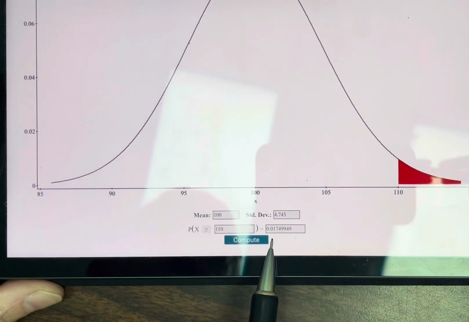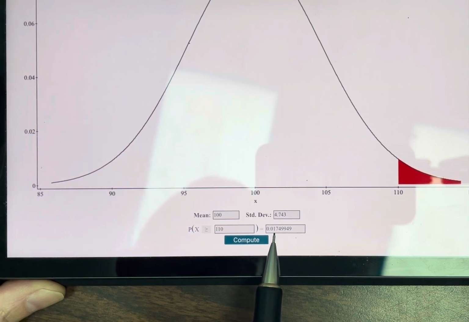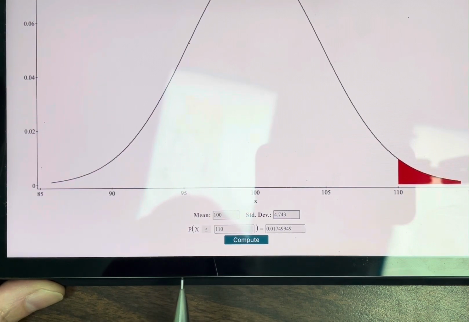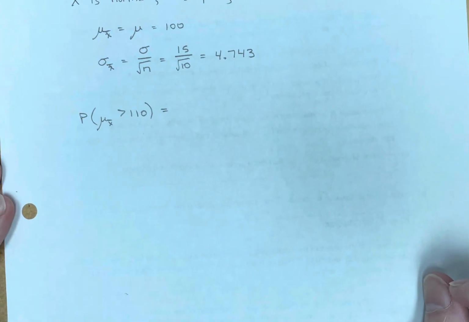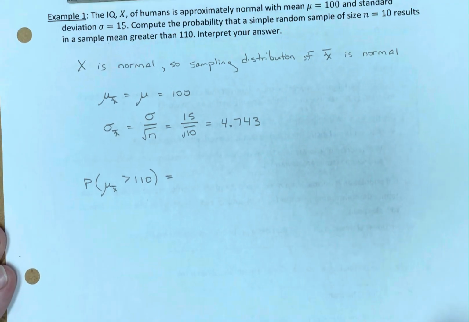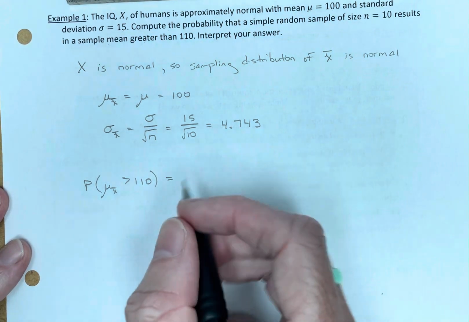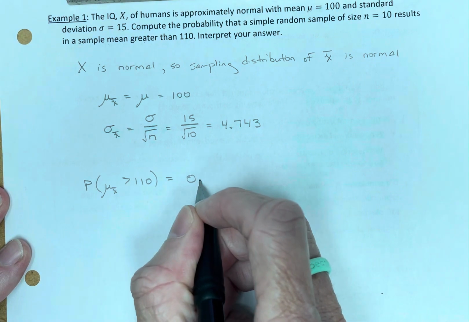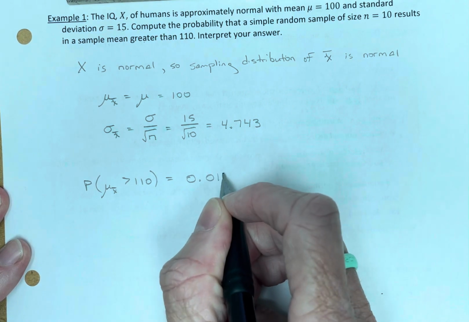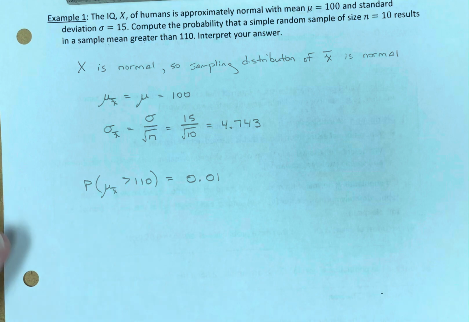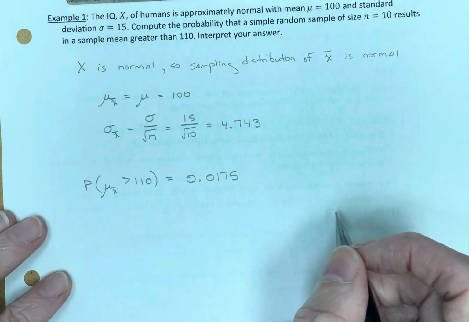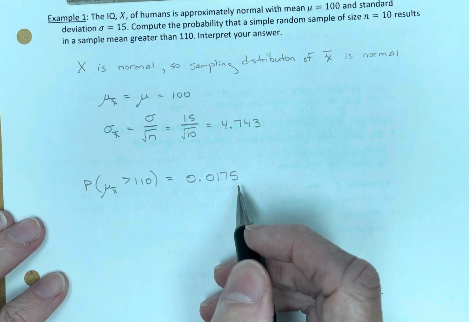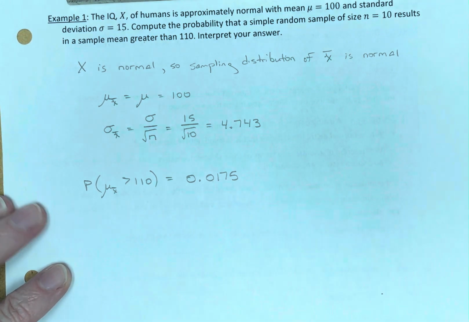In fact, it's only 0.017 rounded to 3 decimal places. So the probability, coming back to the paper, is, I think I went out to 4 decimal places on this one, 0.0175.